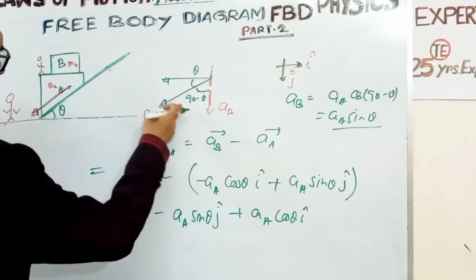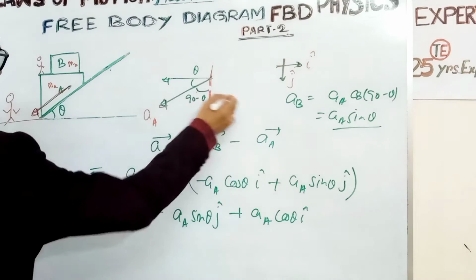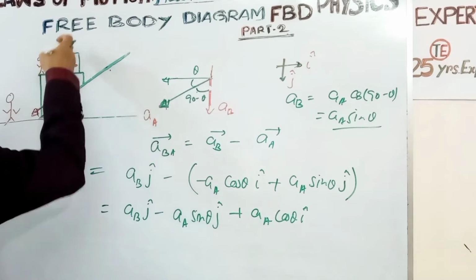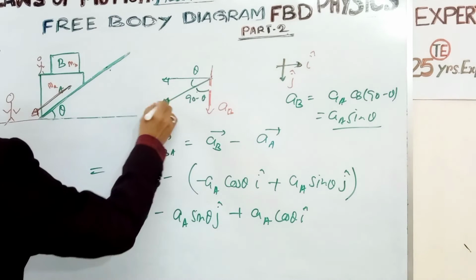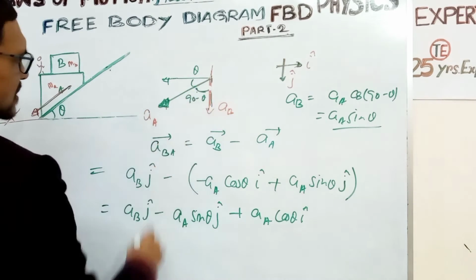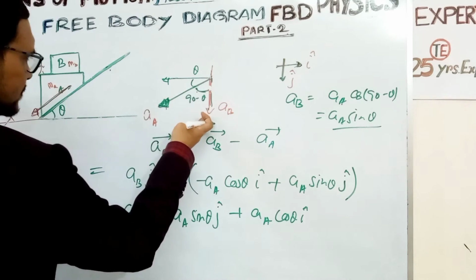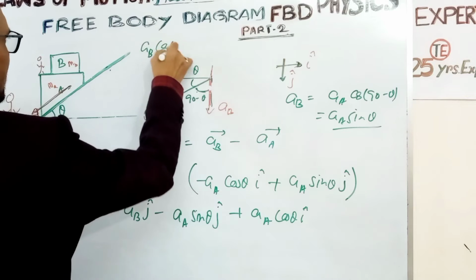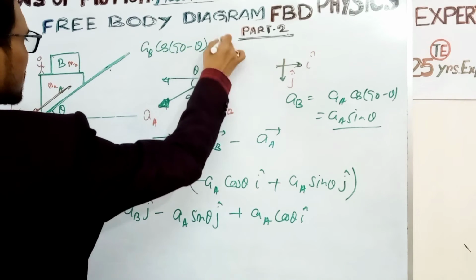Component of this along this will be ab, because a is fixed. Now b moves with respect to a, so we have to take the component of a along this equal to ab, not ab cos(90 minus theta) equal to a.